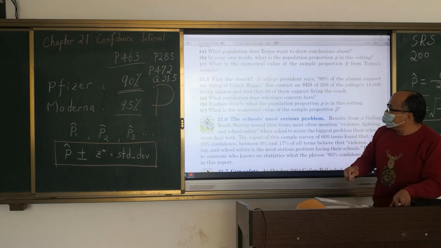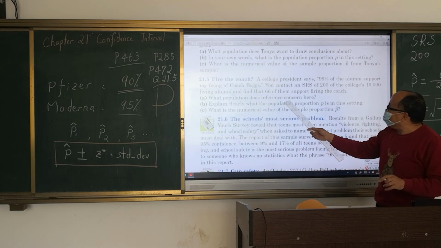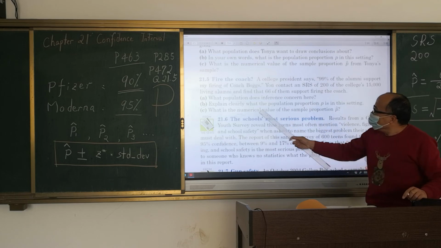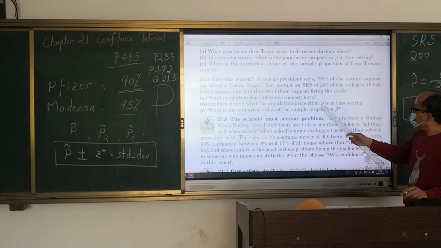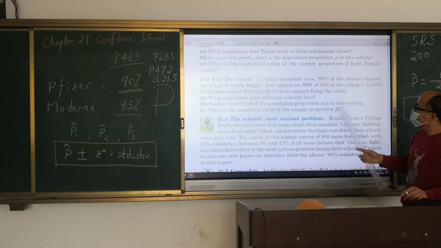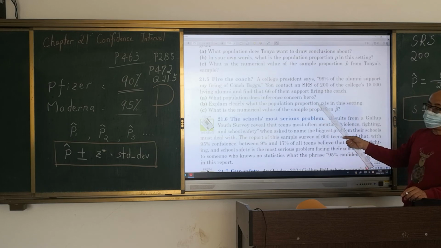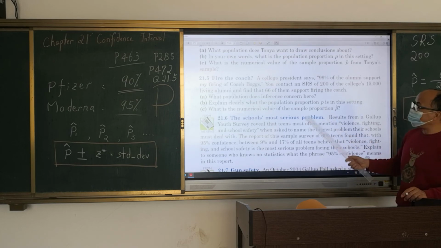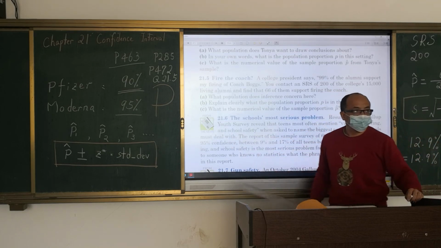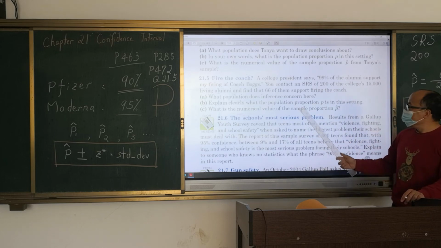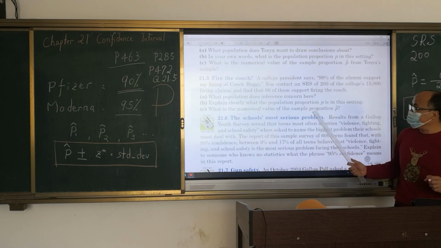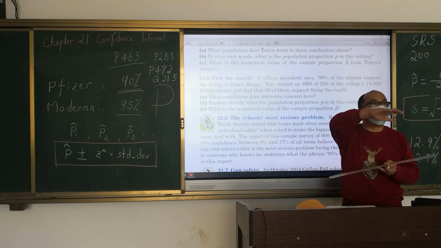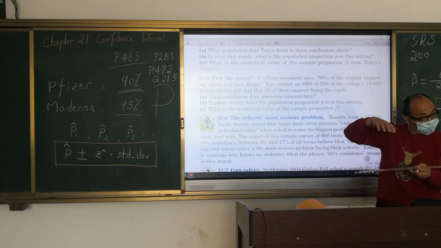What population does the inference concern here? Explain clearly what the population P is. What is the P here? Without hat, it means the whole alumni.